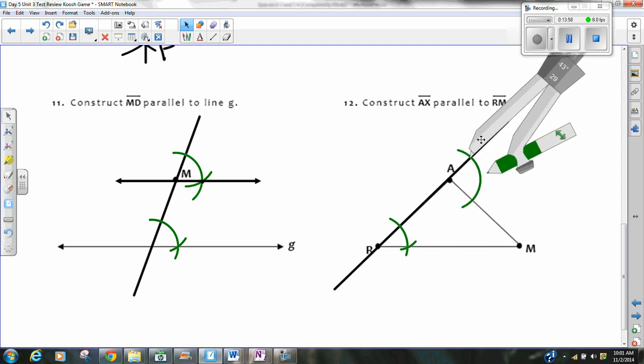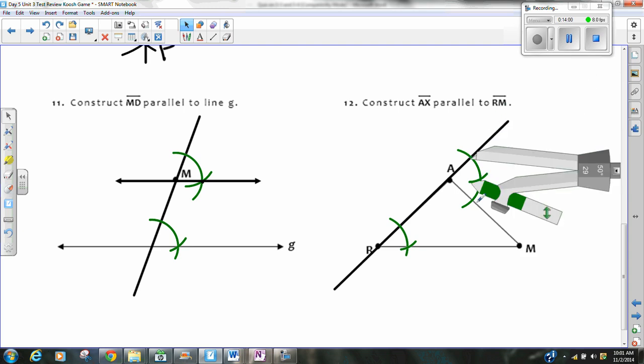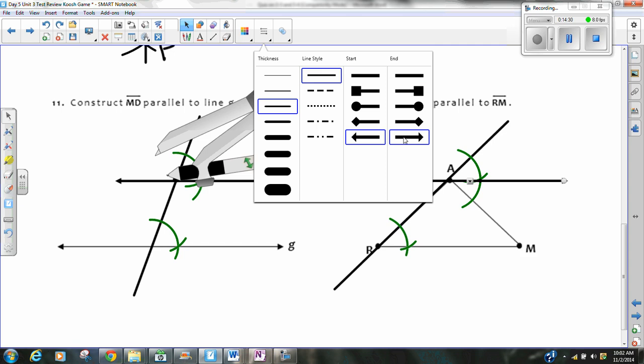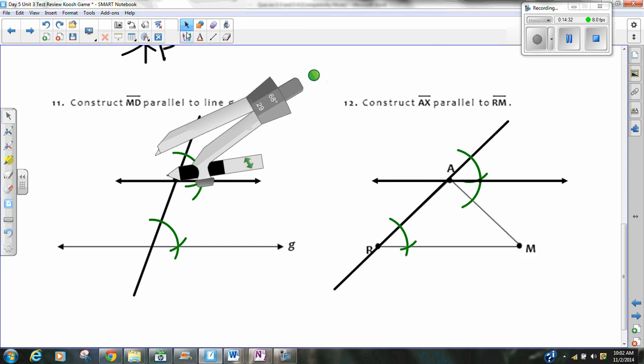Come up here and do the same, which created a point that I'm going to then take a line and connect. And what did I say the name of that line was? Line would have arrows. And I said the name of that point was going to be AX.